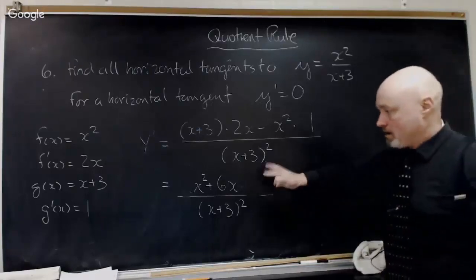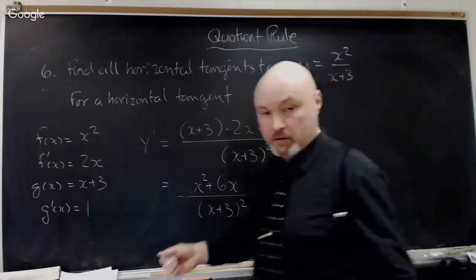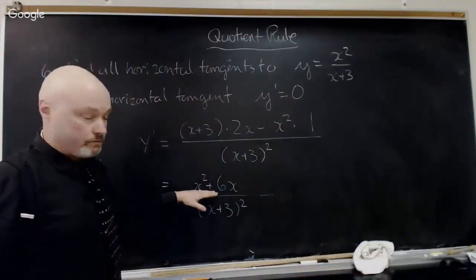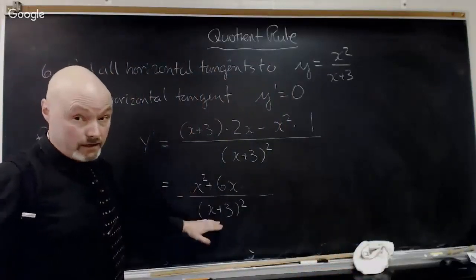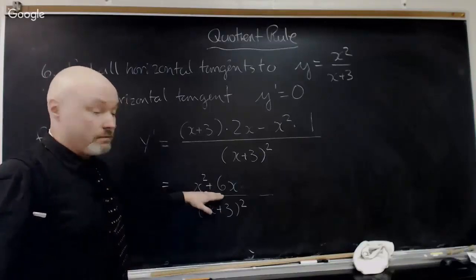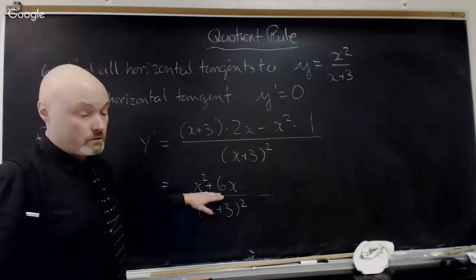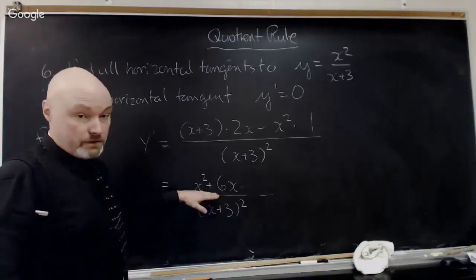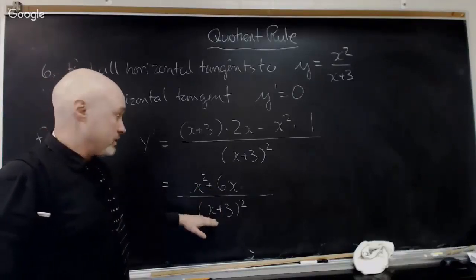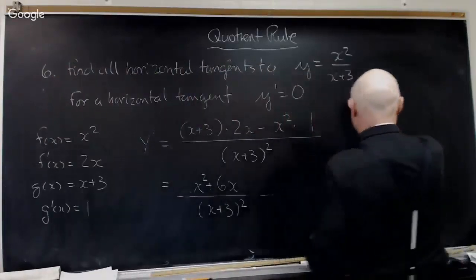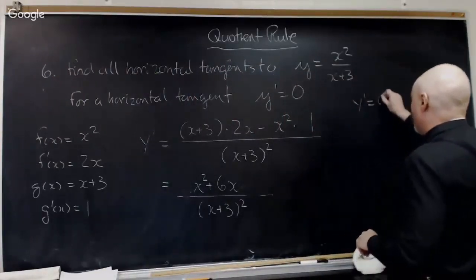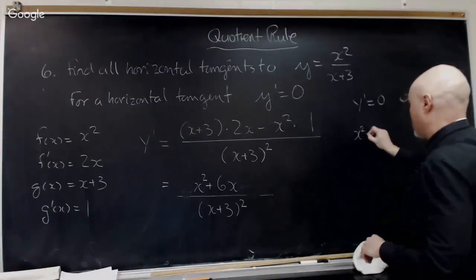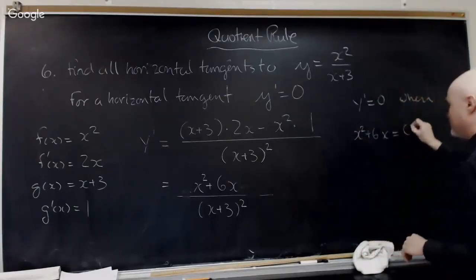Okay. Now, we need to find where this function is 0. That means I don't care so much about the bottom, but I do care about the top. Whenever the numerator is 0, the derivative is going to be 0. So y prime equals 0 when x squared plus 6x equals 0.